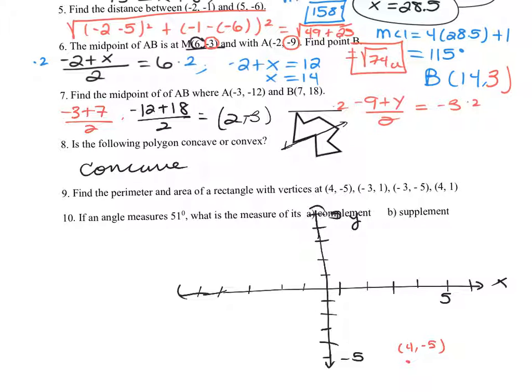Then the other one is -3, 1. Then the other one is -3, -5. And the last one is 4, 1. Then you can connect your shape.